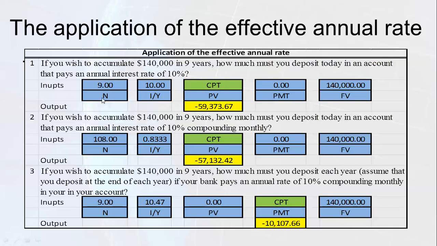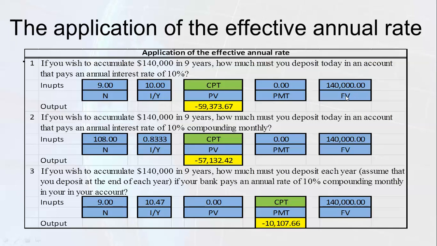You put 9 and press N, then your I/Y is 10 and press I/Y, and your payment, in this case there is no payment, it's not an annuity. There is only one cash flow, so payment equals 0, and future value is the amount you want to have 9 years from now, so $140,000.